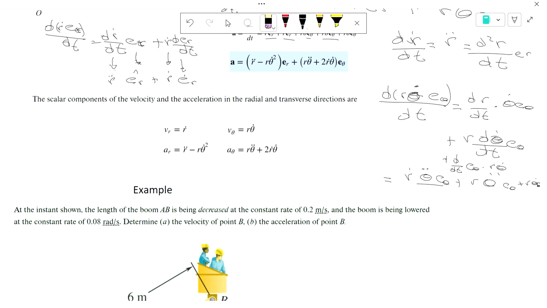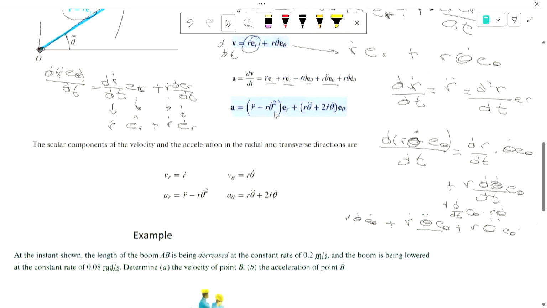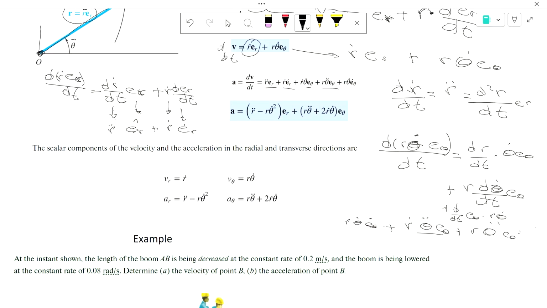Let me see if I can get it over here. So this guy right here is the derivative of the unit vector e theta dot times r times theta dot. All right, perfect. So we already had this part right here.